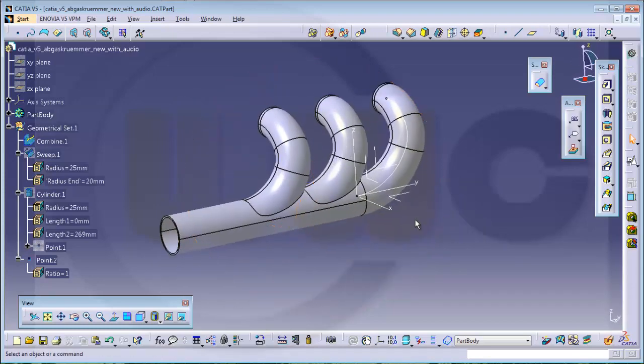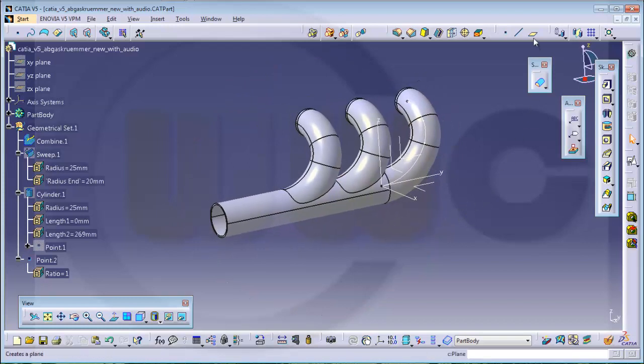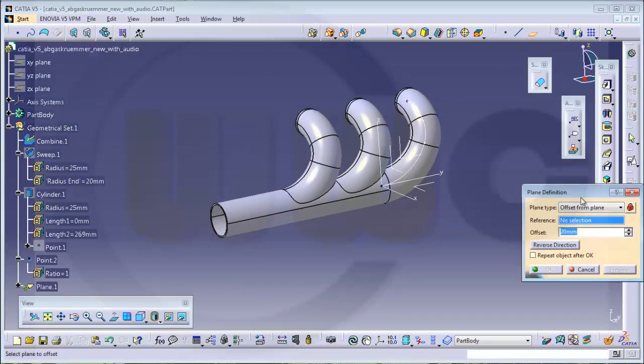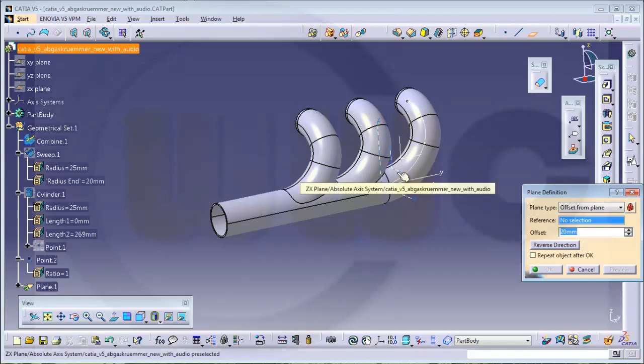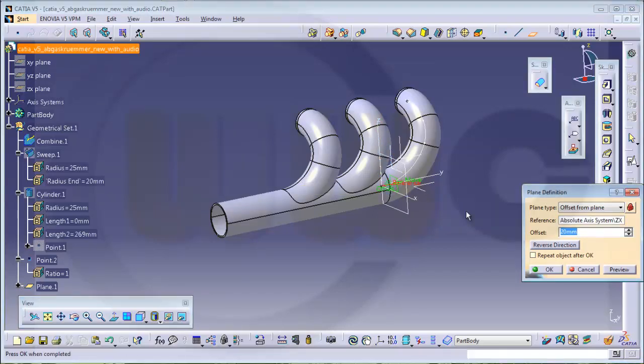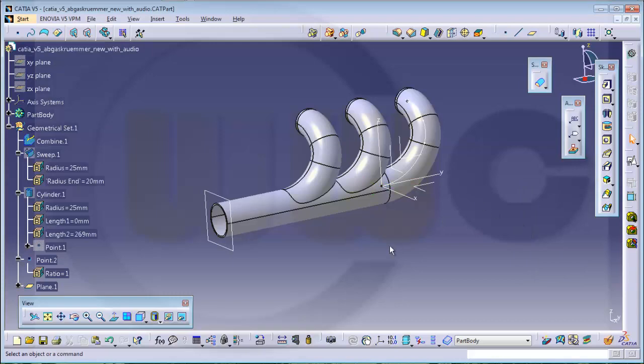Now let's make a plane with an offset from this one, and the offset should be in the other direction, and then that one should be, I think it's 2 multiplied with 2 plus 105.